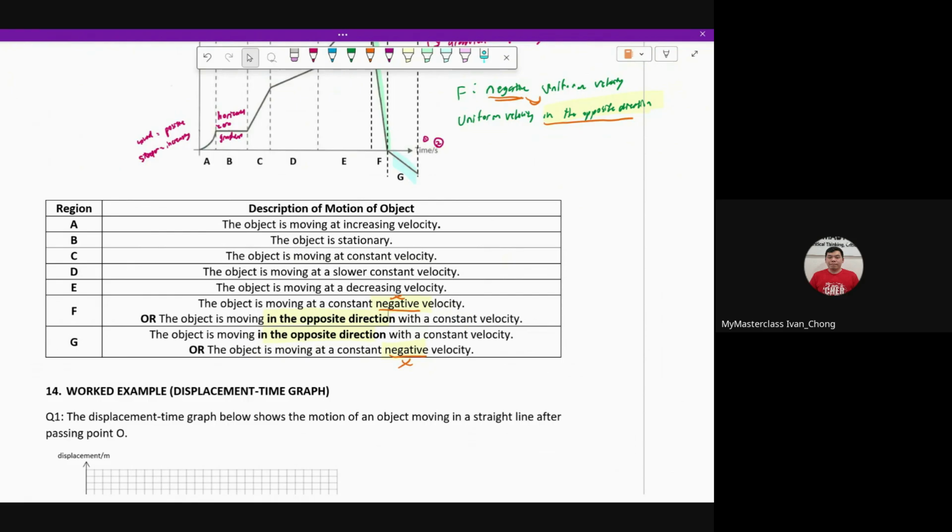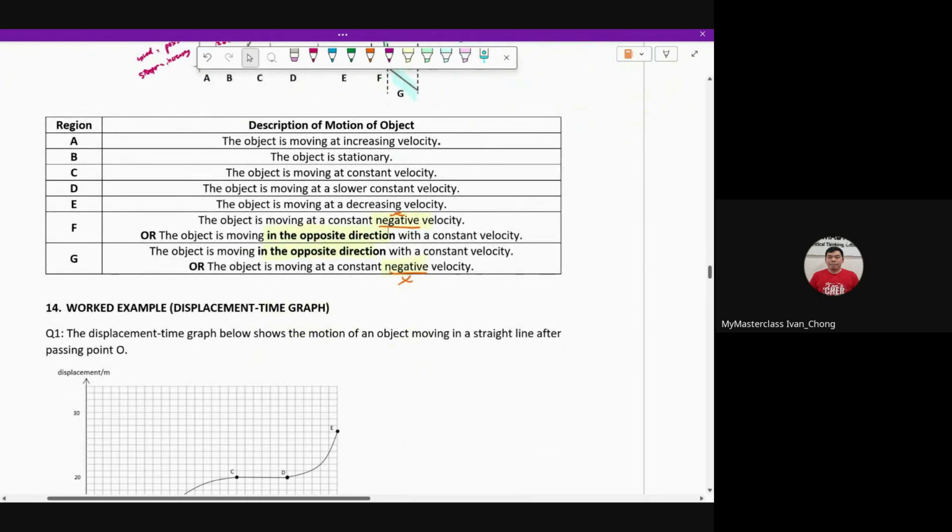Just remember your positive and negative values just mean the direction. Are you moving forward? Are you moving backwards? If forward is positive, a negative value means that you're just moving backwards. So negative basically means opposite direction. Or you can say that you're moving in the negative direction.